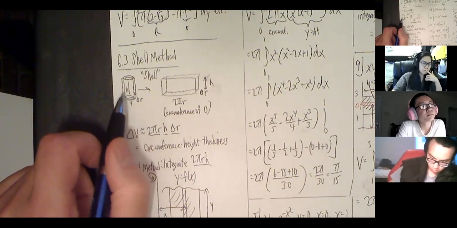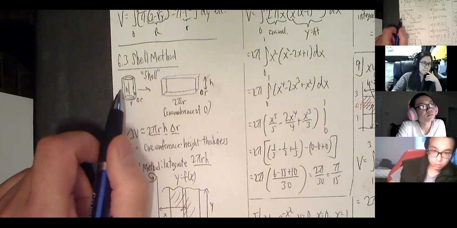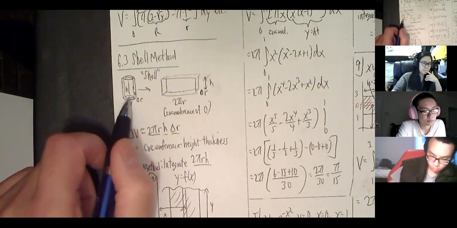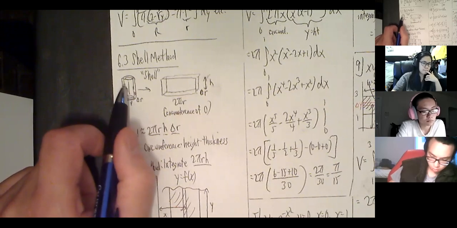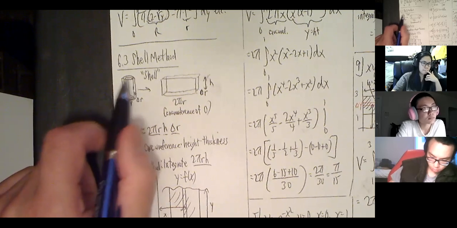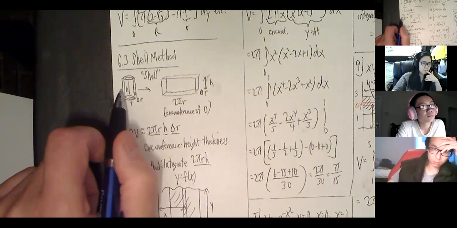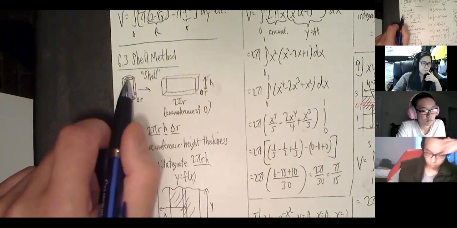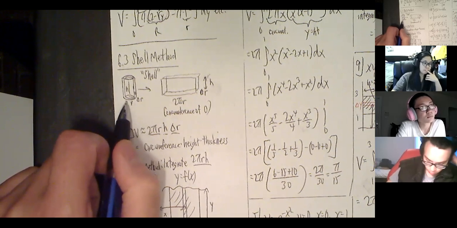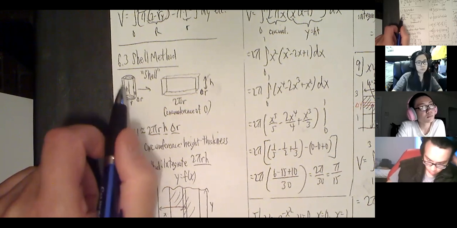I want to find the volume of just the shell, not the inside, just the outside. Say you have a can of corn, I want the volume of just the very thin metal, no top, no bottom. Does that make sense?